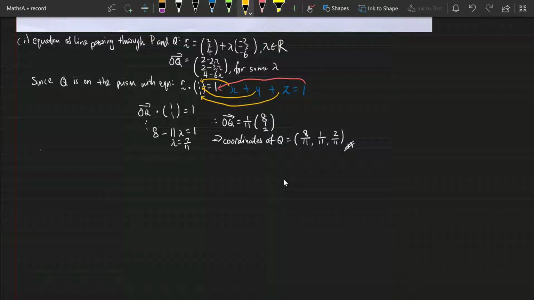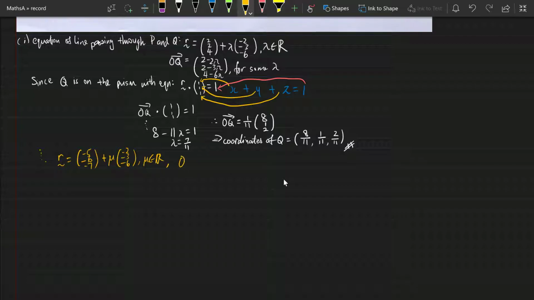For you guys, just continue writing the words, and then you should end up with r equals -5, -6, -7, the known coordinates of S, plus this mu times the direction vector, where mu is a real number.